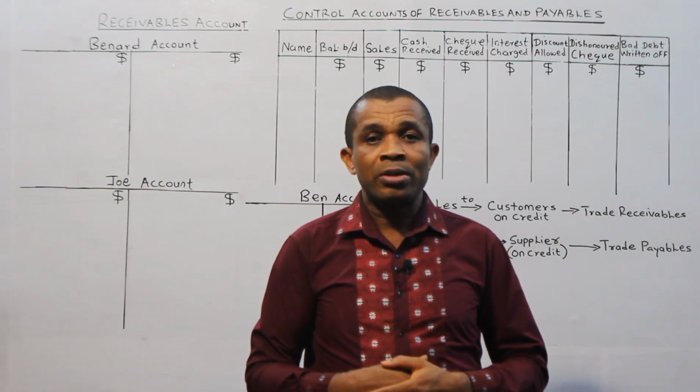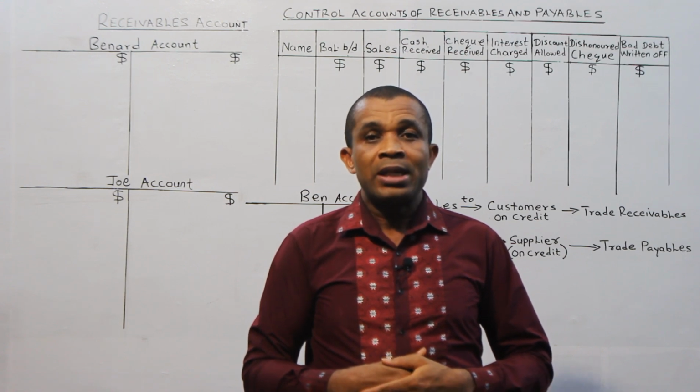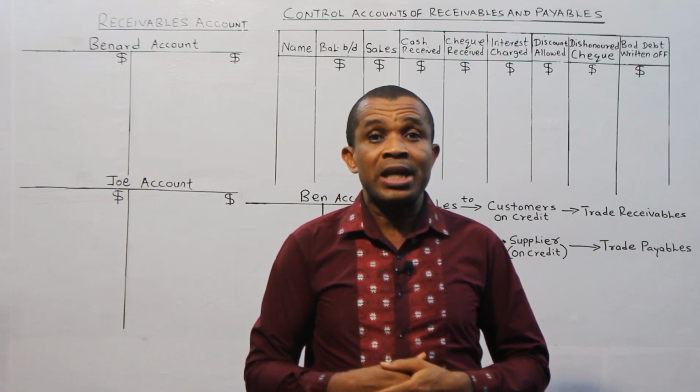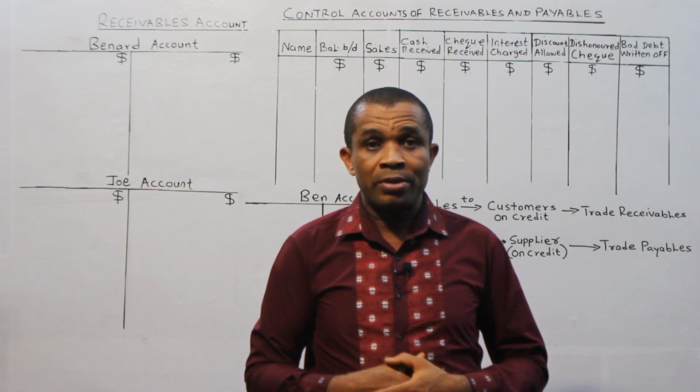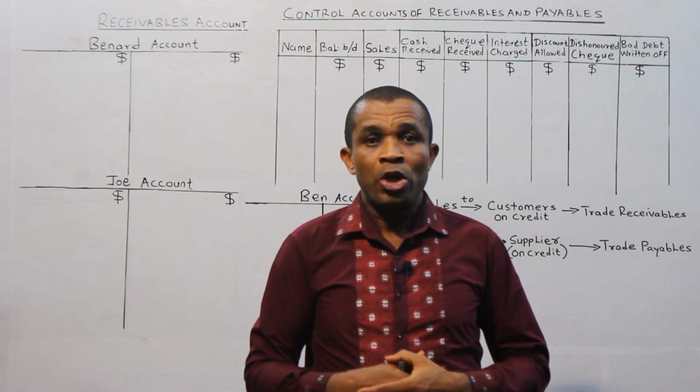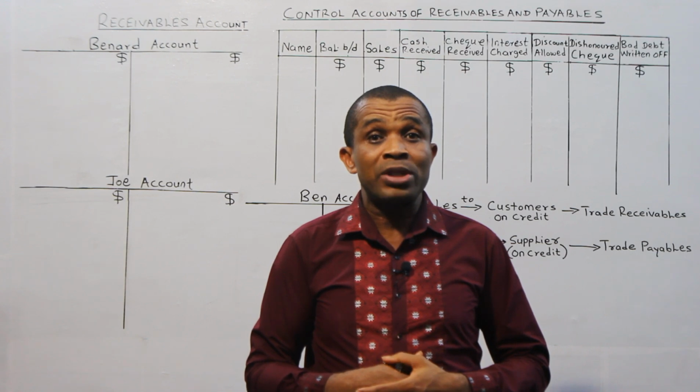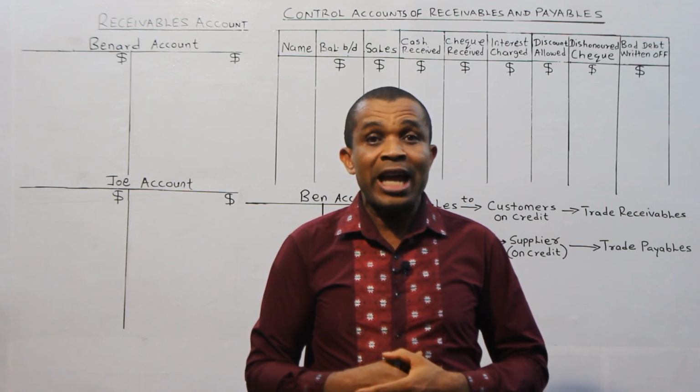In the preparation of the control account of receivables, certain things have to be taken into consideration. Firstly, we should understand that receivables represent assets and have a debit balance.